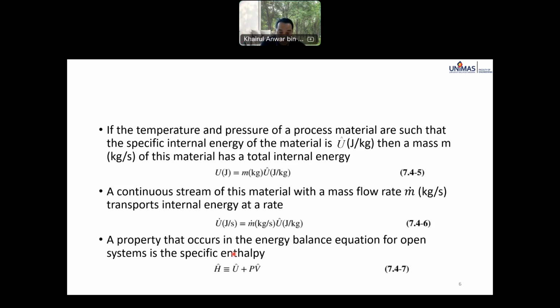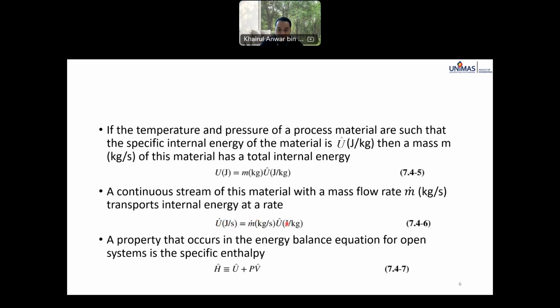A continuous stream of this material with mass flow rate ṁ transports internal energy at a rate U̇ in joule per second.